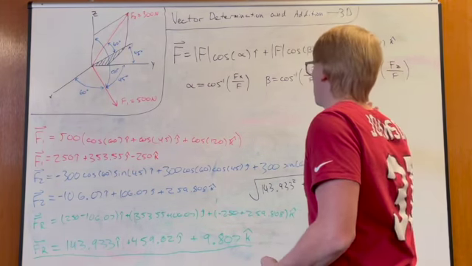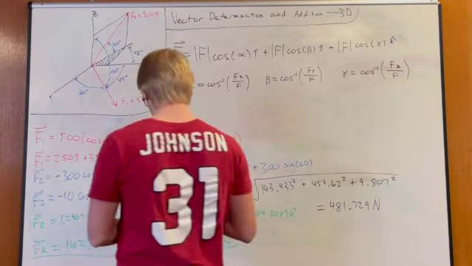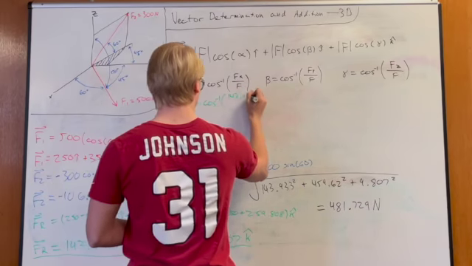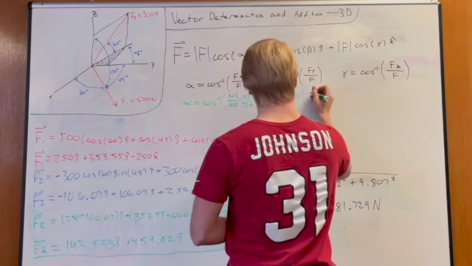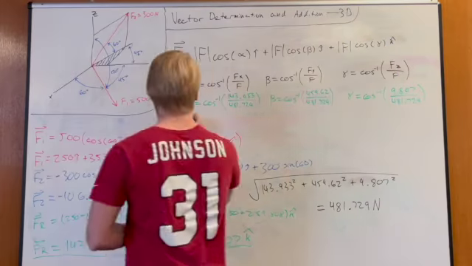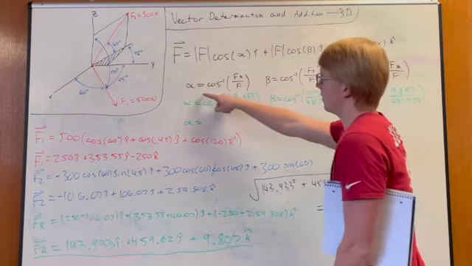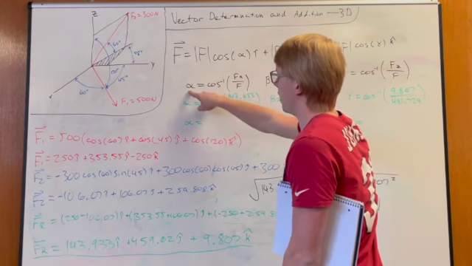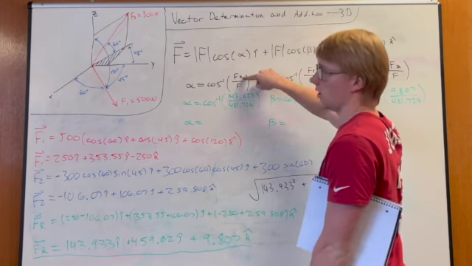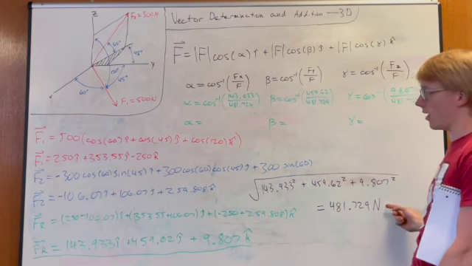And so I'm going to plug and chug again. Okay, so each of these equations broken down. This angle, alpha, is going to equal the inverse cosine of the x component of the resulting vector divided by its total magnitude.